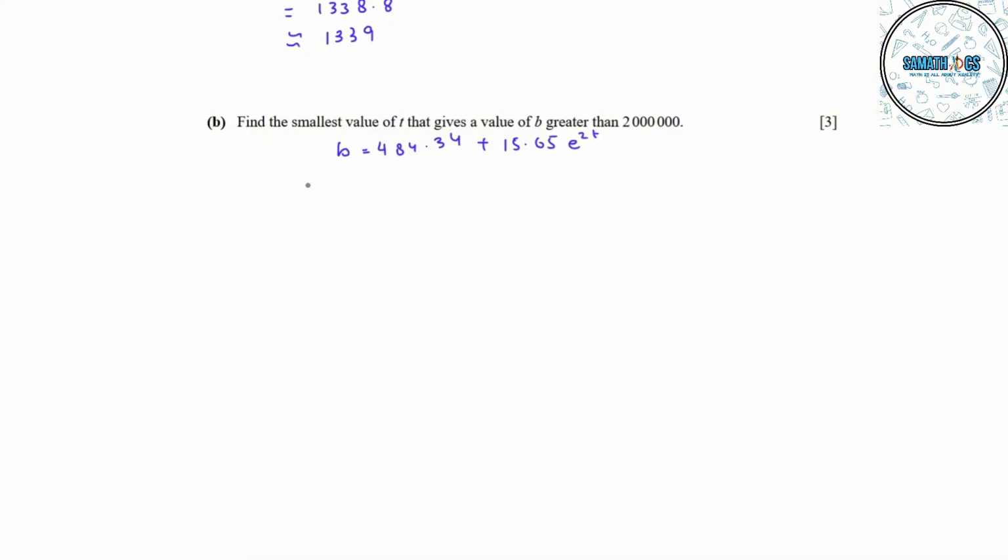In place of b, we will be writing 2 million is equal to 484.34 plus 15.65 e power 2t. Then we will take this on this side and we will subtract it.